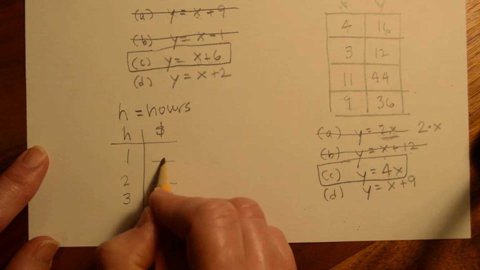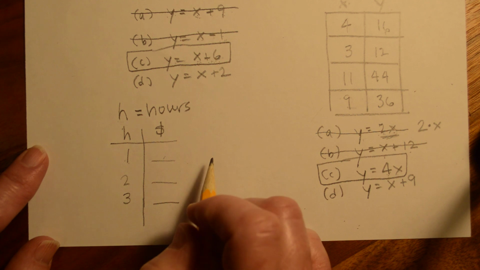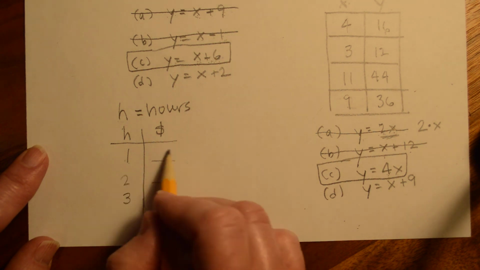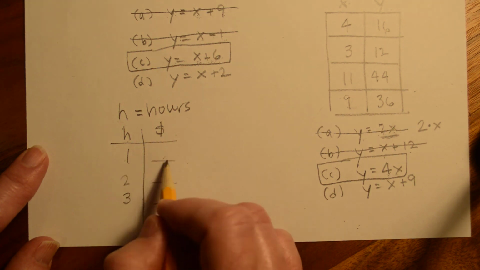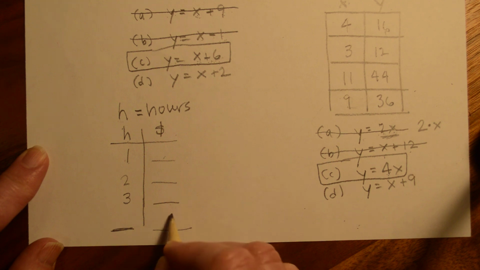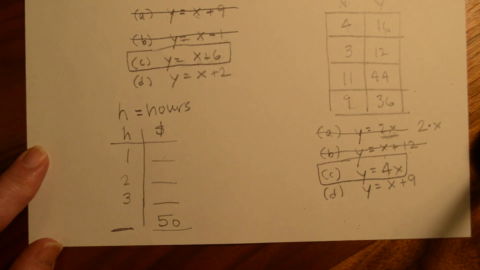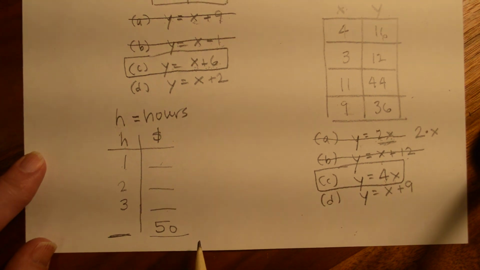How did I get from 1 hour to the dollar amount? What did I do? And then look for an equation that shows that. All right, so again, it's still that same kind of thing with hours and dollar amount, but you're looking specifically for what's the H value that gives me 50 here. All right, so you're looking for a pattern that describes that. Okay, good luck with them.